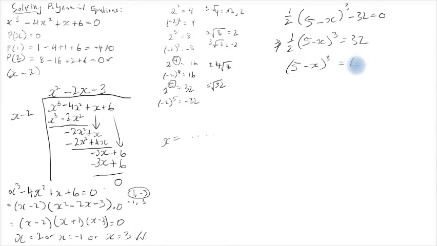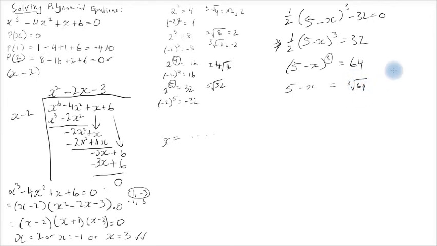Gives 64. Now here's where I get rid of this to the power of 3. So I'm going to do a cube root here, because 3 is an odd number, I don't need to do the plus or minus thing. Cube root of 64.